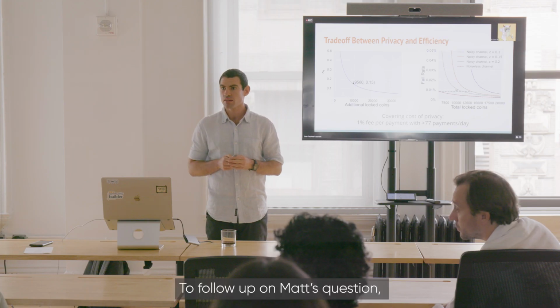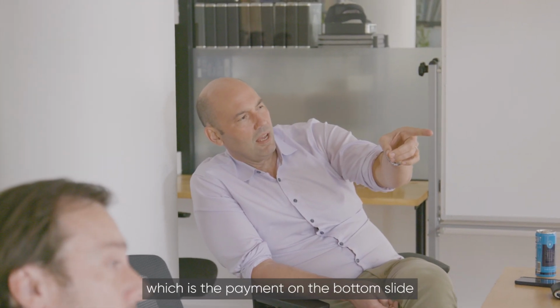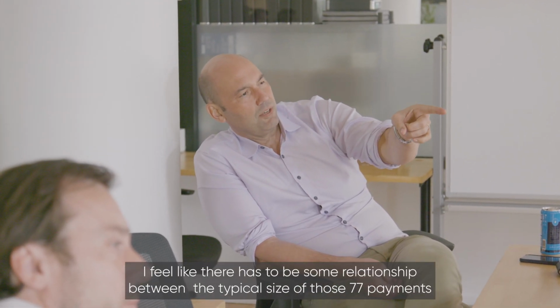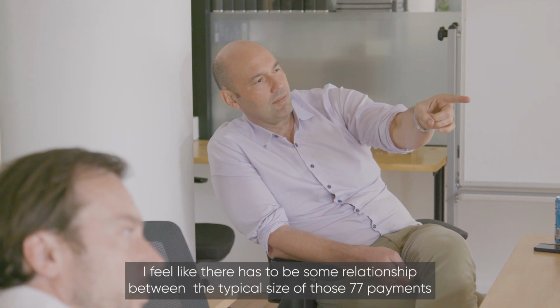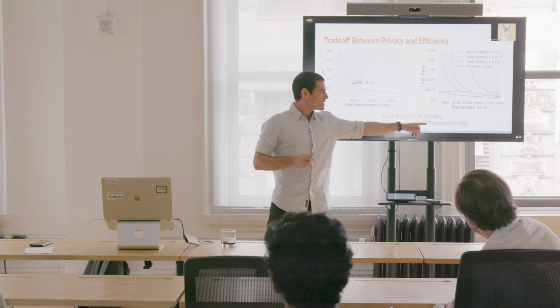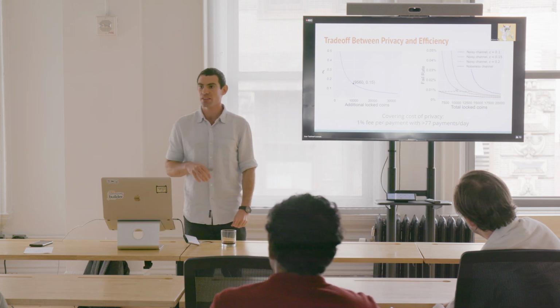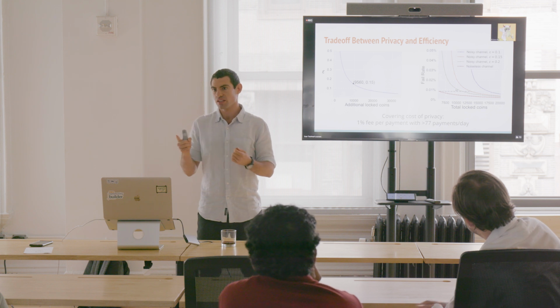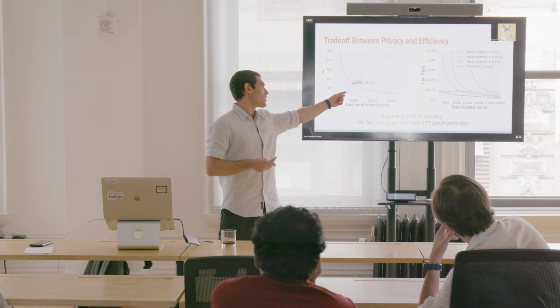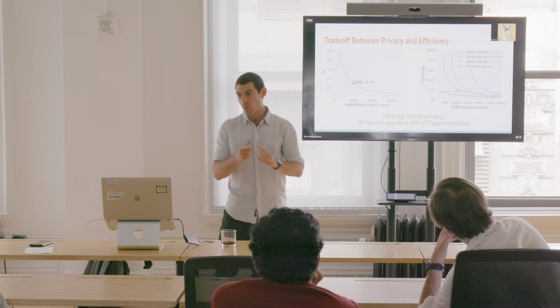I'd like to follow up on Matt's question, which is about the payments on the bottom of the slide. I feel like there has to be some relationship between the typical size of those 77 payments. Yeah, so this is 77 payments a day of the maximum amount that you wish to hide. If you wish to hide a single coin, which means that you need to lock 9,500, then you need 77 payments of 1.